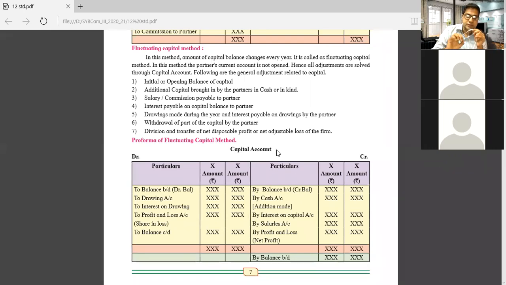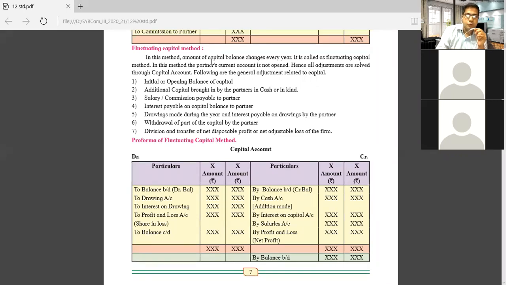This is the difference. In the fixed capital method, we prepare two accounts: the partners' current account and the capital account. In the fluctuating capital method, we prepare only the capital account.